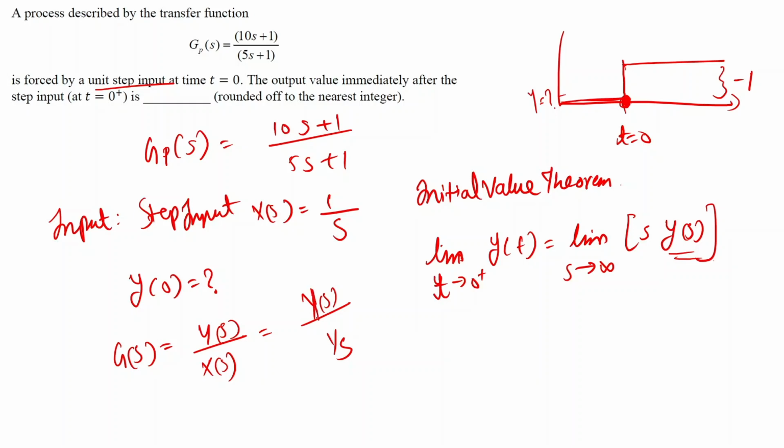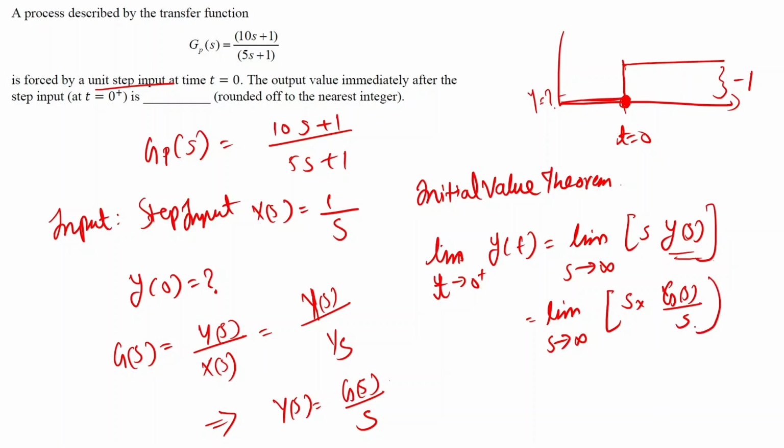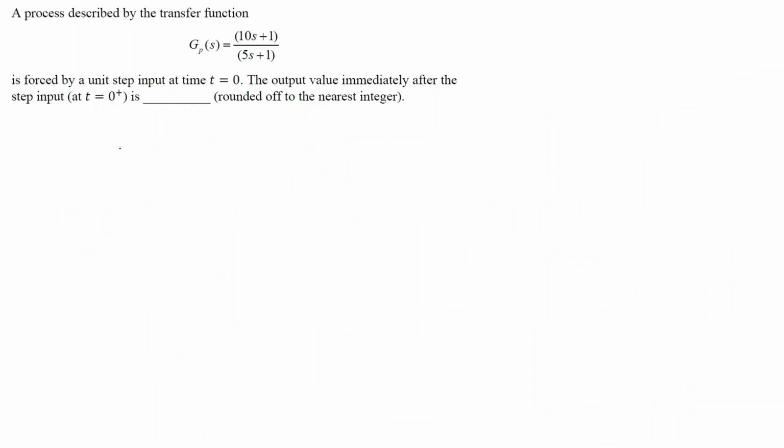So y(s) will become G(s) times 1/s. We can put this here and we get the limit s tends to infinity of s·G(s)/s. So y(0) will be written as the limit s tends to infinity of G(s), or else we can put the value of s as infinity in this transfer function.